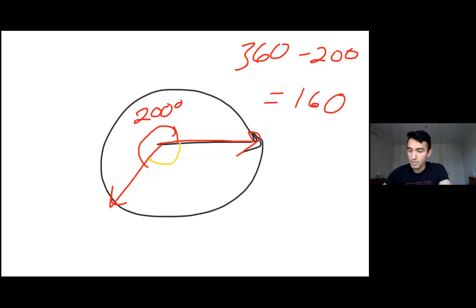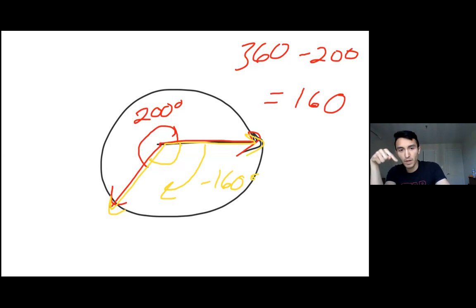But of course, since the yellow is starting here and going the negative way down, and ending on the same side here, instead of positive 160, it's going to be negative 160. So you just do the difference between 360 and the angle you have. And because you have to go the opposite way, you're either going to make it negative, or make it positive if you started with negative, all right?